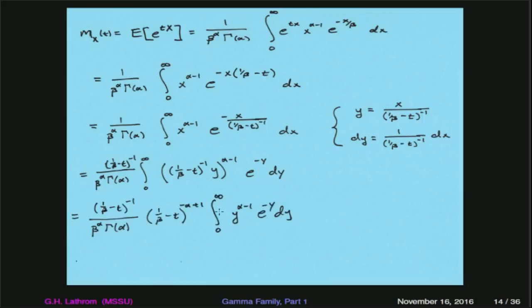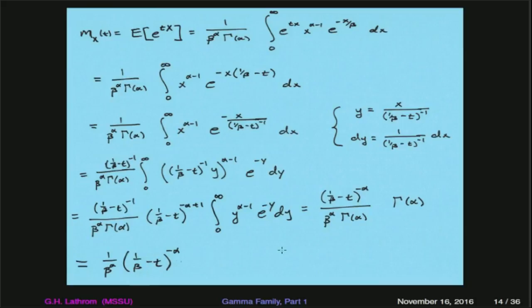If we distribute that power and move that constant to the outside, then our integral actually looks like a gamma function on its own, and sure enough, that is the gamma of alpha. So our gamma of alphas cancel out, and we get a 1 over beta times 1 over beta minus t to the negative alpha power.